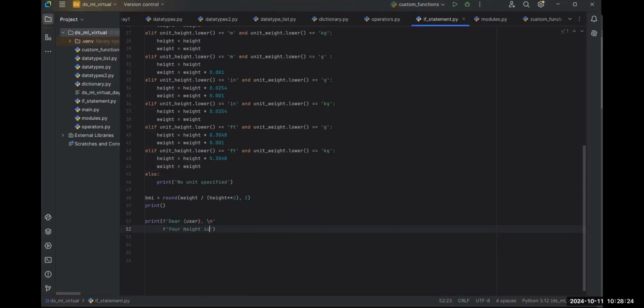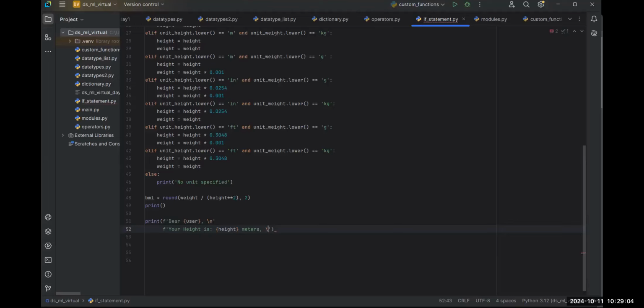So your height is, now what are we bringing in? We are bringing in the height we have asked them to input. The SI unit for height we are using is meters. Your height is so and so meters, comma.